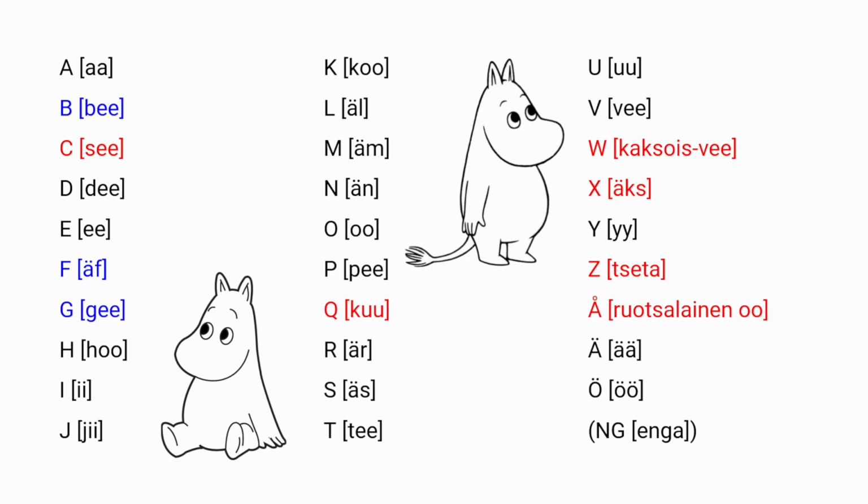Now you'll probably notice that in this list of letters, some are highlighted blue, some are highlighted red. So the red ones are almost never used in writing Finnish, and the sound that they represent is represented by other letters in the alphabet.